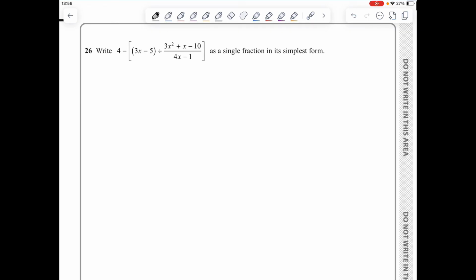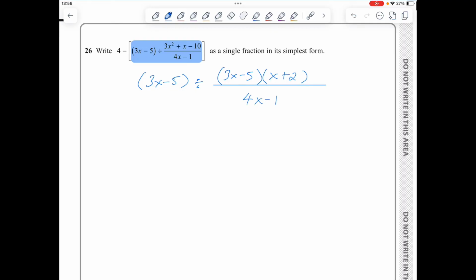I'll start question 26 with the expression in the square brackets, and I will simplify this. I have 3x minus 5 divided by, and then I'll factorize this. I get (3x minus 5)(x plus 2), and then the denominator stays the same. Now this is equal to 3x minus 5.